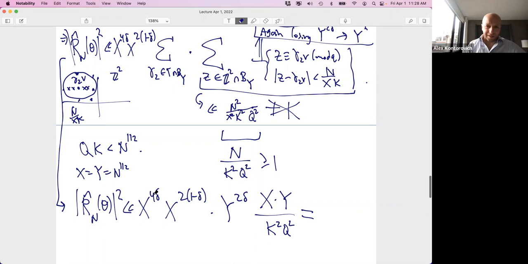Hang on a second. This is 4, 6, 7, 8. No, that's right. This is n to the 4 delta times something, times n to the sum multiple of 1 minus delta. So let's figure out what that multiple is. N to the 4 delta would be an x to the 4 delta, y to the 4 delta. Here I have a y to the 2 delta. X is equal to y. So I could write this as y squared. Okay, so the x to the 4 delta should become an n to the 2 delta, right?